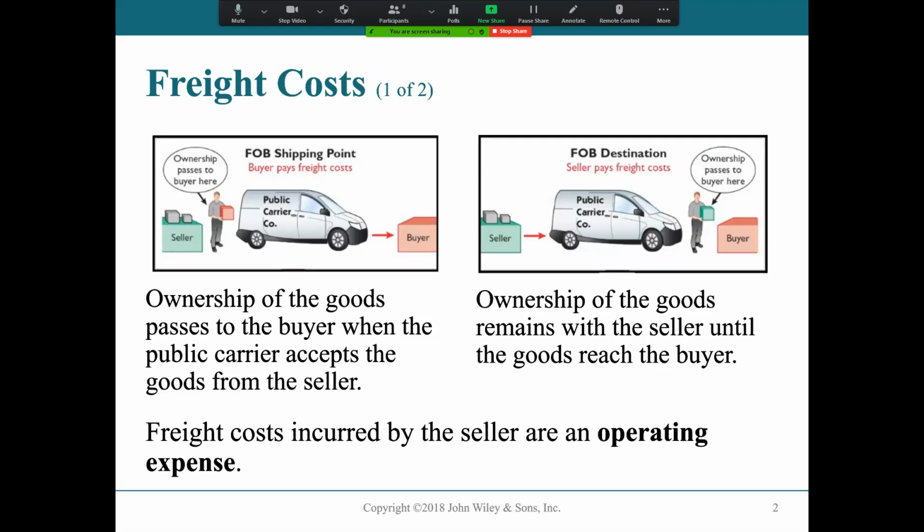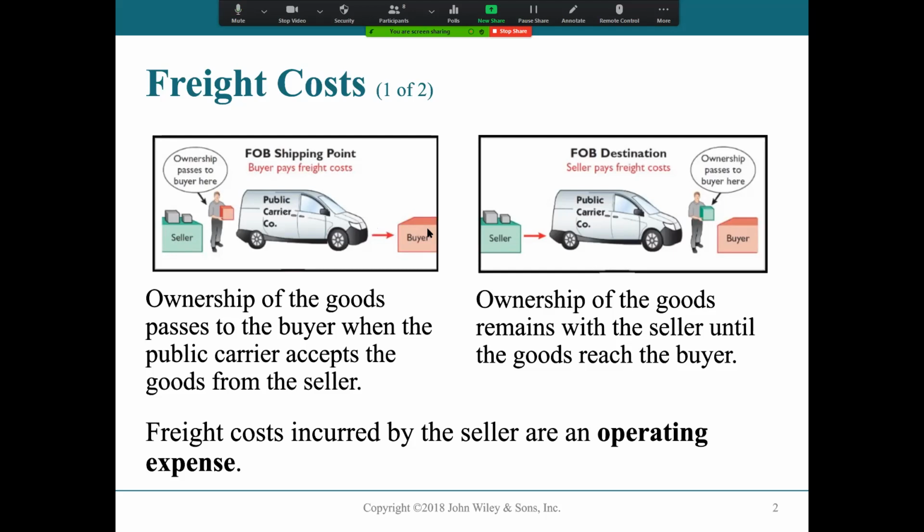So when we say that our freight costs will be FOB shipping point, what we mean is that as soon as the seller loads it on the truck or the plane or however they're sending it, as soon as the freight gets on board, then it becomes the property of the buyer.